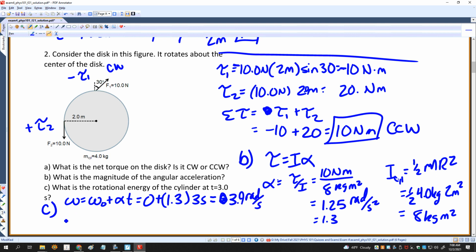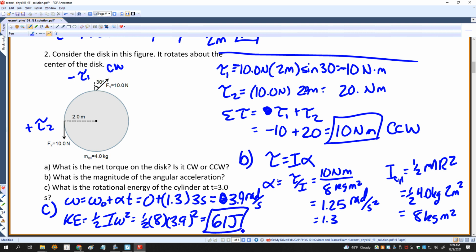And then I have to find the kinetic energy. Kinetic energy is equal to 1/2 I omega squared. That's 1/2 of 8, which I've already found, times 3.9 squared. That's 61 joules. All right, so those are our 3 answers for that one.